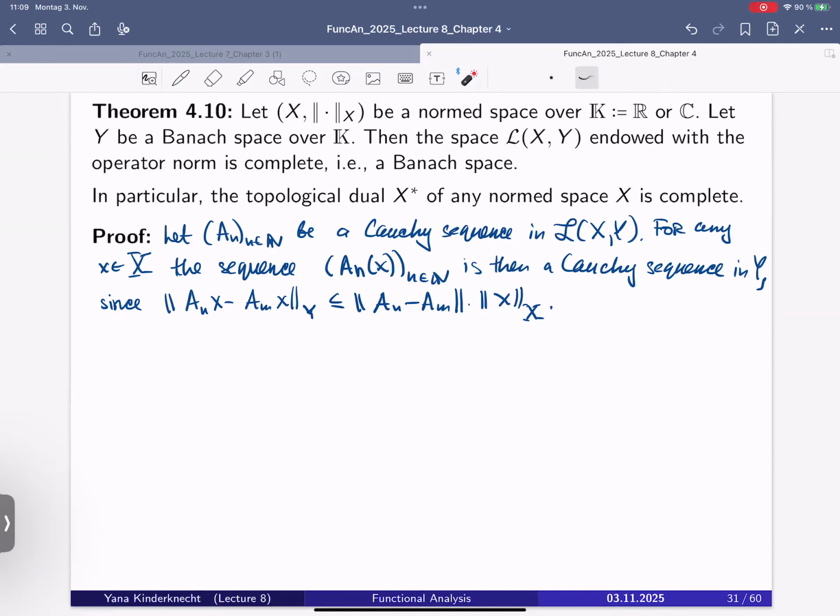Since we have a Cauchy sequence A_n, this tends to 0 when n and m tend to infinity. Hence the left-hand side also tends to 0, and hence we have a Cauchy sequence in Y. But Y is a Banach space, so each Cauchy sequence has a limit. So for any x in X, there exists a limit as n tends to infinity of A_n x, and we denote this limit as Ax.